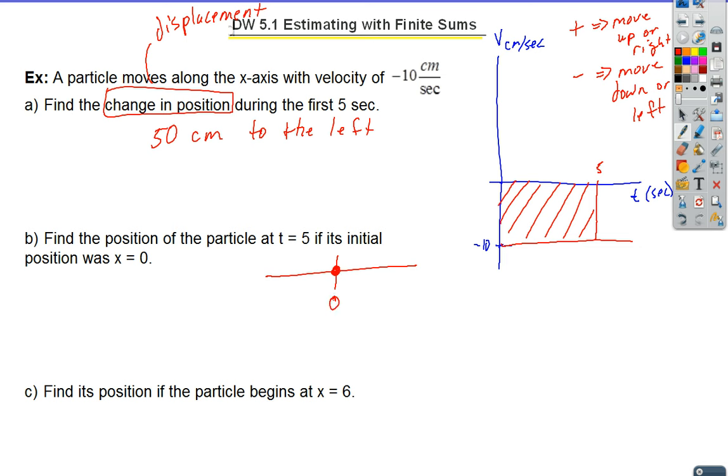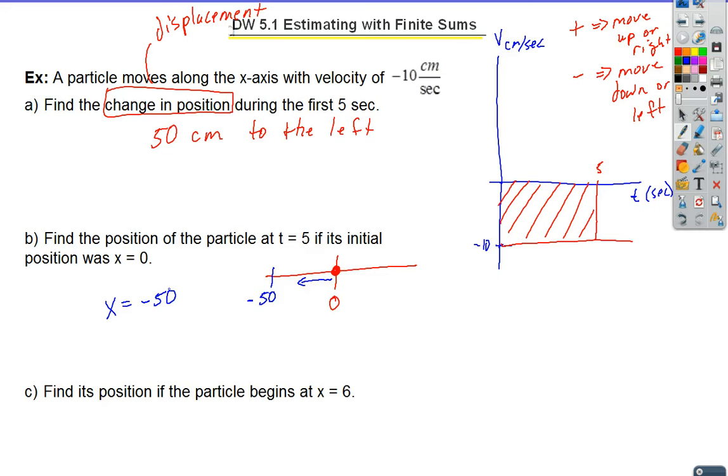Now I'm moving 50 centimeters to the left, this way. Because I'm on a number line, my position is now at negative 50. So x is equal to negative 50. That makes sense.